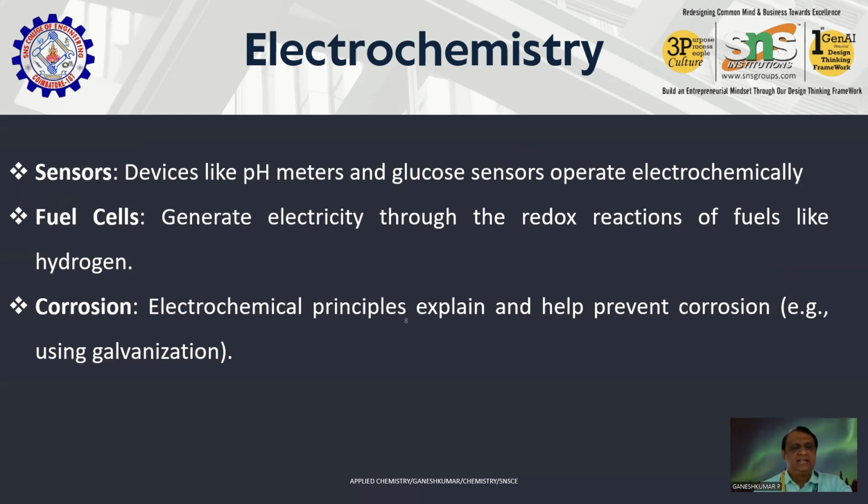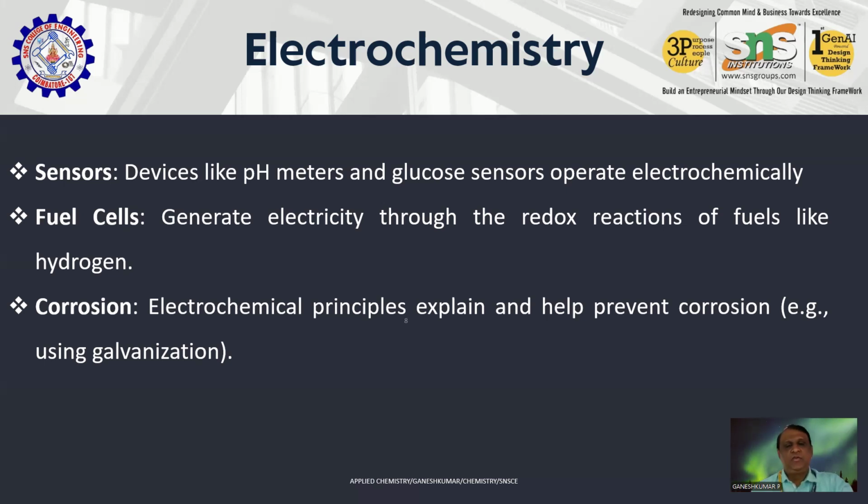Next, the sensors: devices like pH meters, which can measure the pH of any solution or water, or glucose sensors. Nowadays, we use glucose sensors to identify the level of glucose present in the blood for diabetes patients. So these things are operated electrochemically.